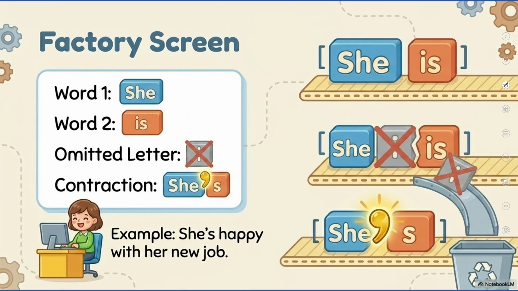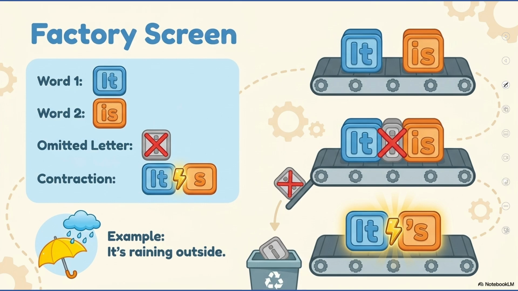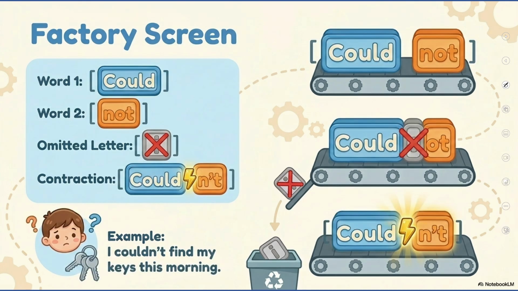Again, she is, two separate words. In this case, we are going to remove i, and this is going to be the new form. She's happy. Instead of i, we have put the apostrophe. It is. Again, we have removed i, and this is the new form. It's raining. Now, in case of could not, we have removed o from it, and this is the new form, couldn't.